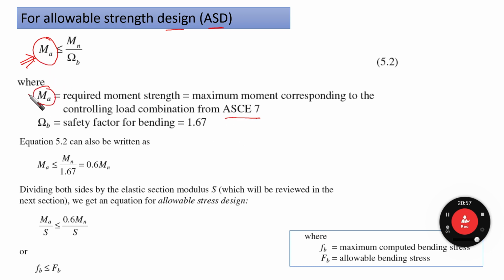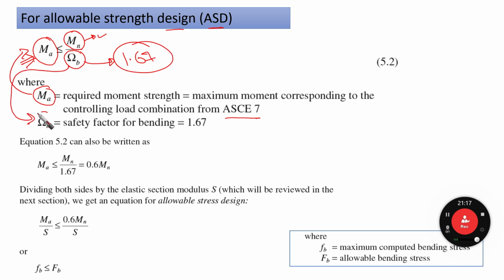The right-hand side is the nominal moment strength, which we already explained in the previous slide, divided by a safety factor for bending. For bending, it is going to be 1.67.